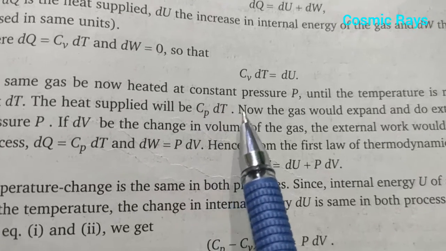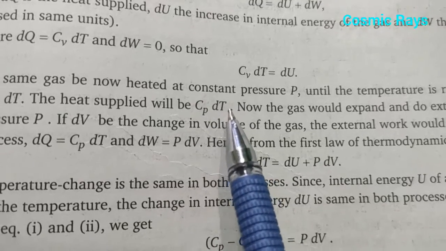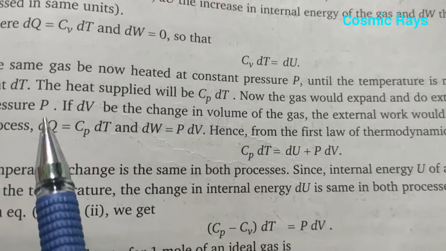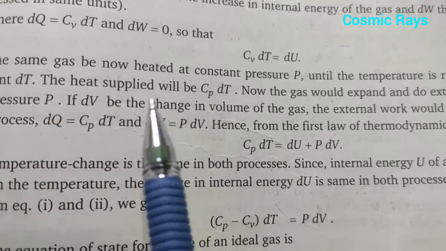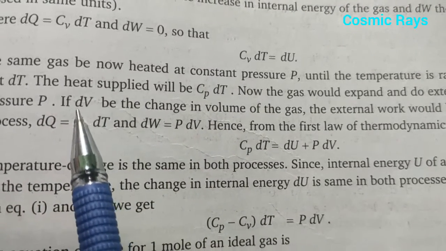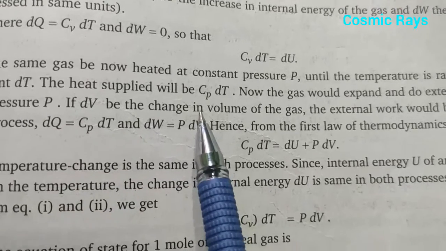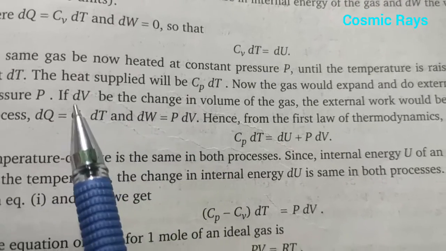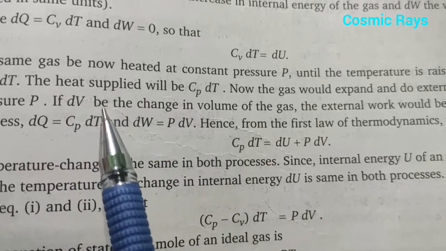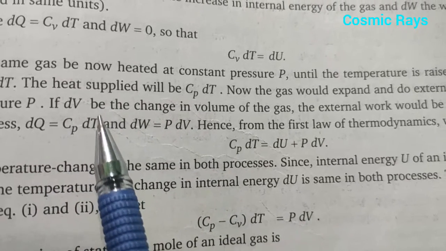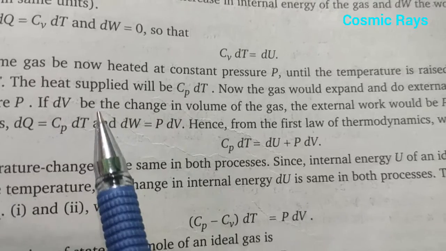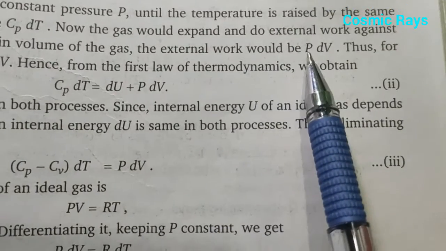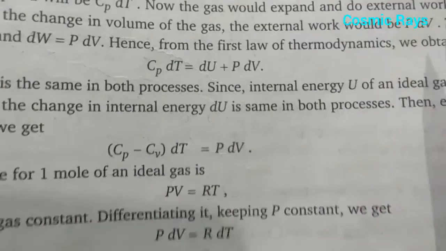Now this expansion is the work done against the applied pressure P. So there will be a change in volume. We assume that dV is the change in volume. The gas has expanded, so the volume will increase. So work done is pressure multiplied by change in volume.